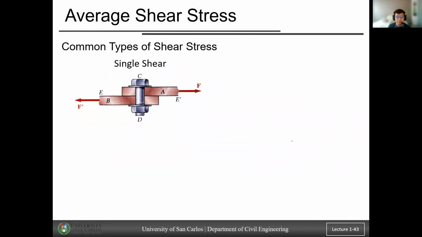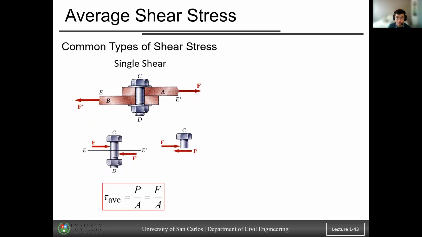Okay, so we have different types of shear stress. So we have the single shear. As you notice in the figure, let's say this is the bolt connection among two different materials. The shear will occur on the bolt, di ba?